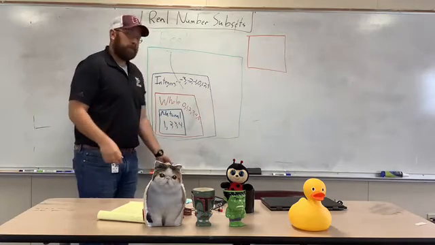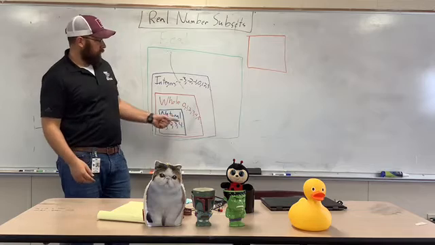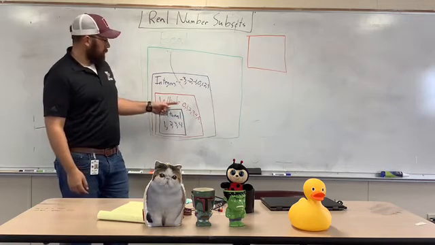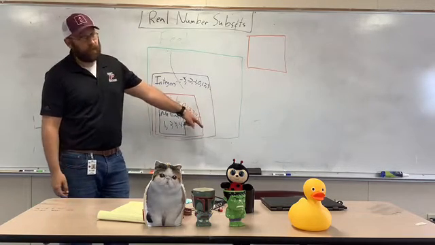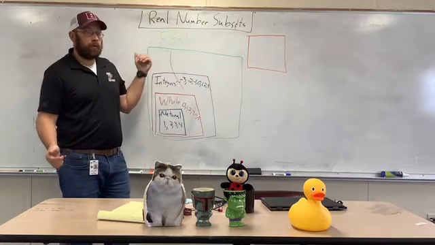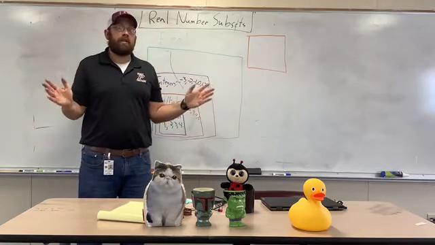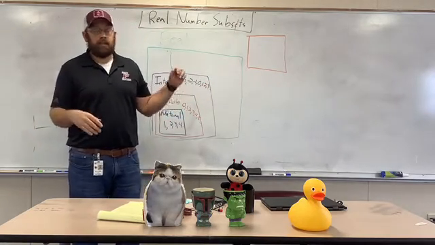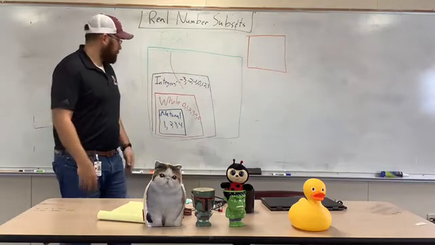So natural numbers is just numbers 1 to infinity. Whole numbers are numbers 0 to infinity. And integers goes both ways. It's all numbers excluding fractions, in the negative and positive direction.